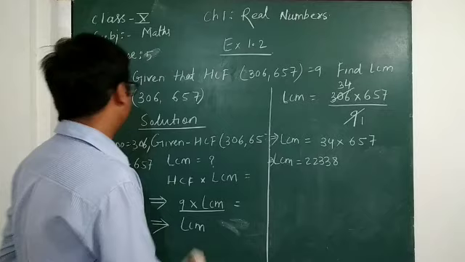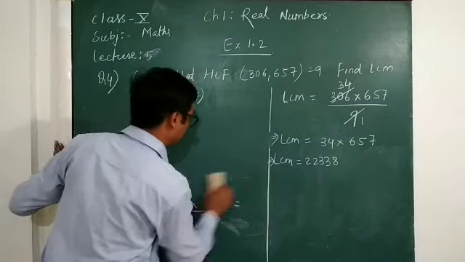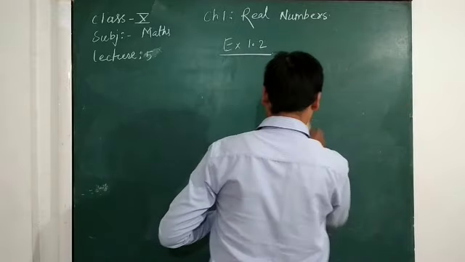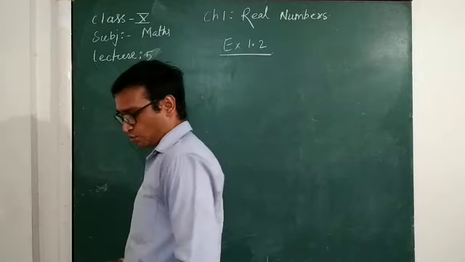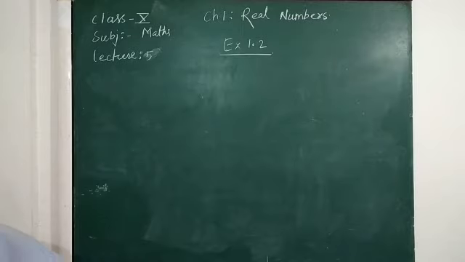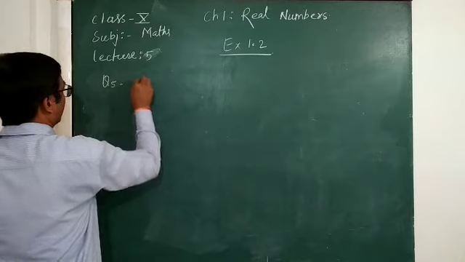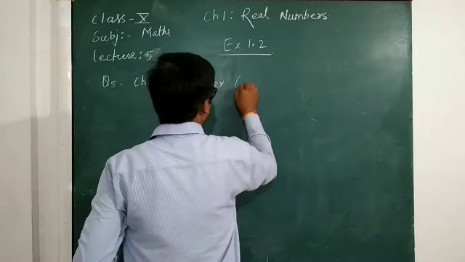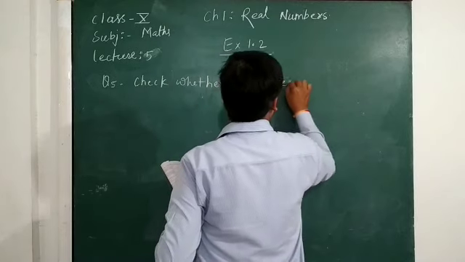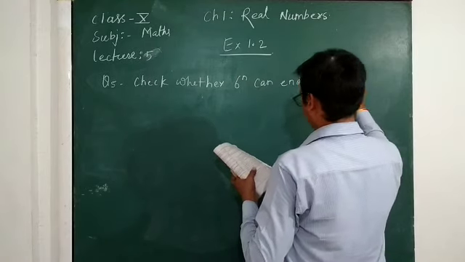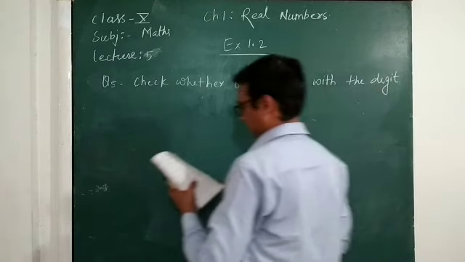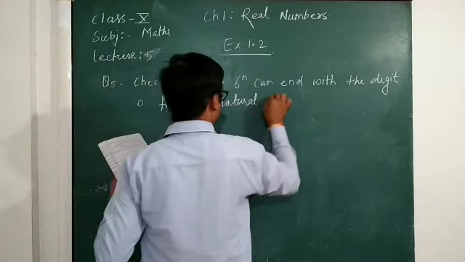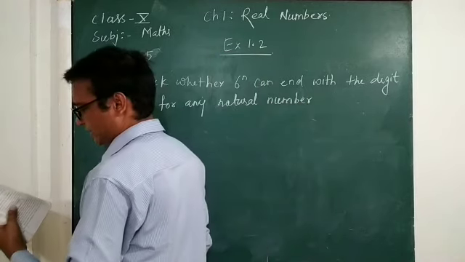Now let's come to question number 5. Question number 5 is: check whether 6^n can end with the digit 0 for any natural number n.